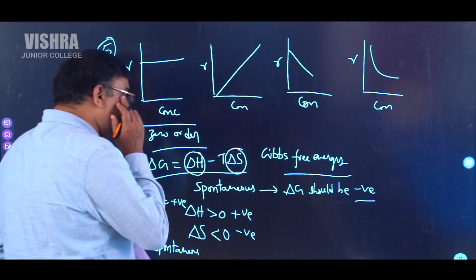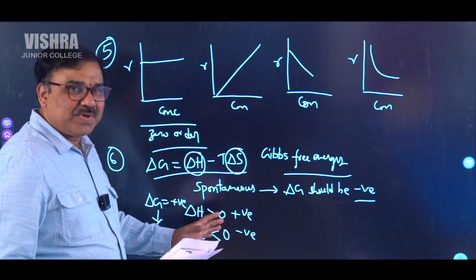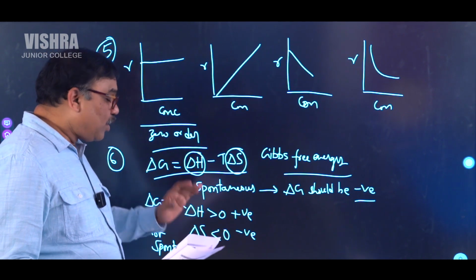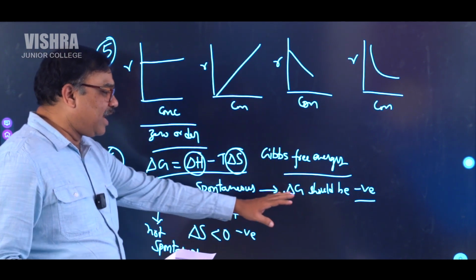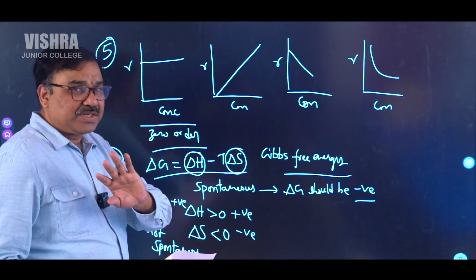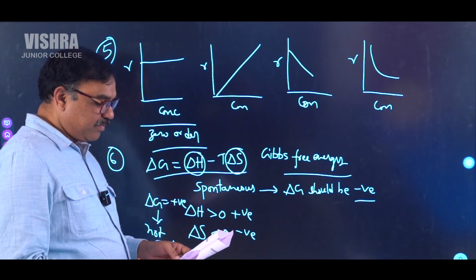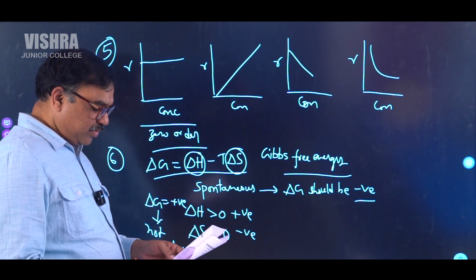So delta H greater than 0, delta S less than 0 will be a non-spontaneous reaction. Means delta G will not be negative. It will always be positive. So the reaction will not happen by itself. That is question number 6. Let us go to question number 7.